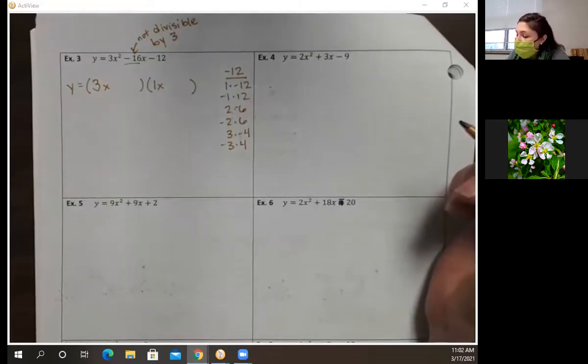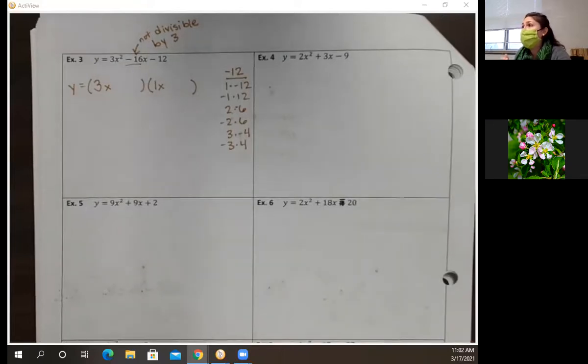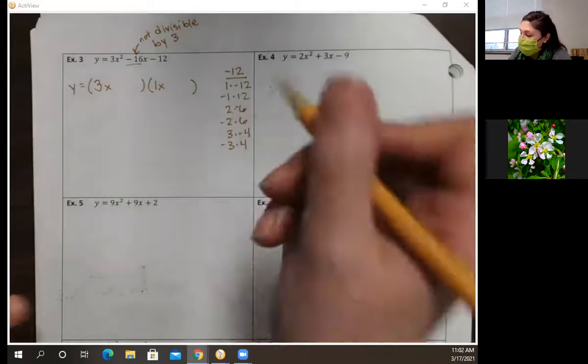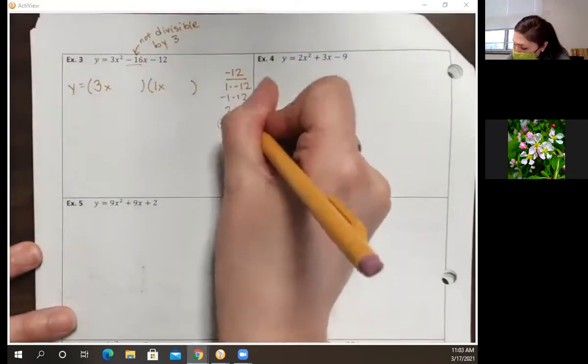Does anyone have a thought on what they would like to try first? A hunch on something that might work? Or even if you don't have a hunch, pick something and let's try it. Cody? Negative 2 and 6, you want to put these out?